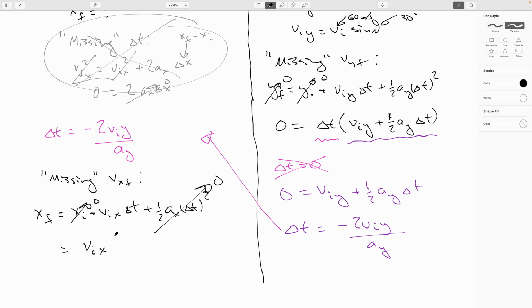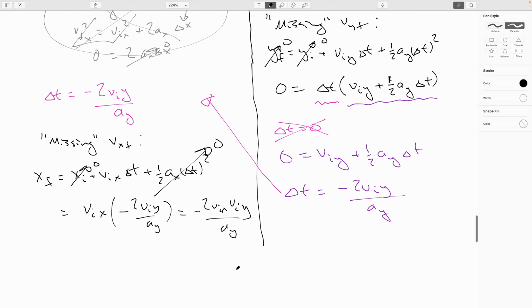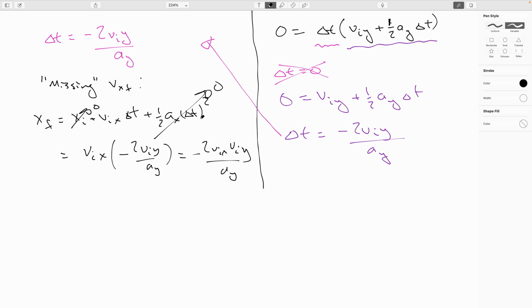So we get that x final will be v initial x times minus 2 v initial y over a sub y. We can clean that up a little bit: minus 2 v initial x v initial y over a sub y. And we can put in our algebraic expressions for that.